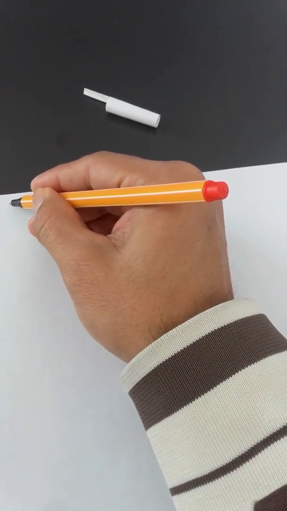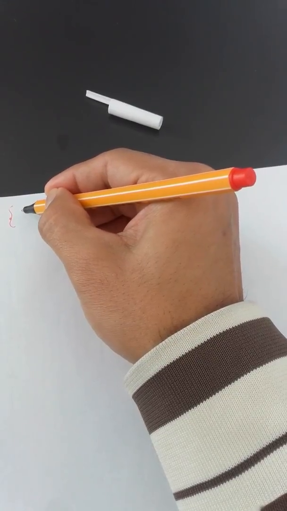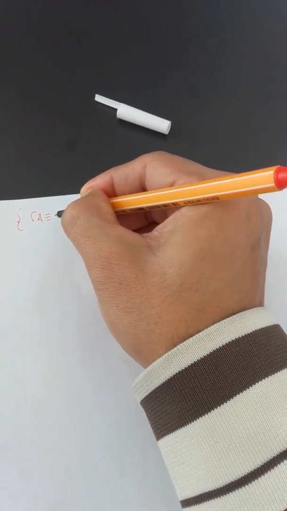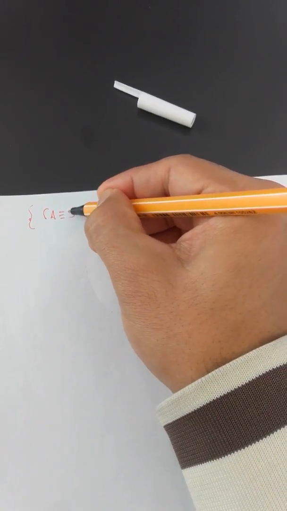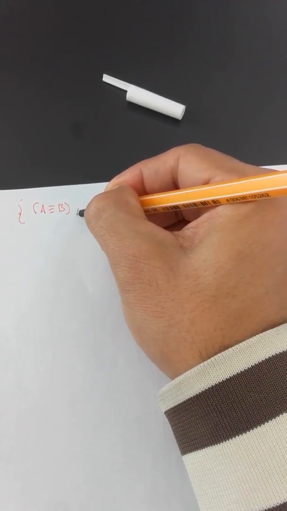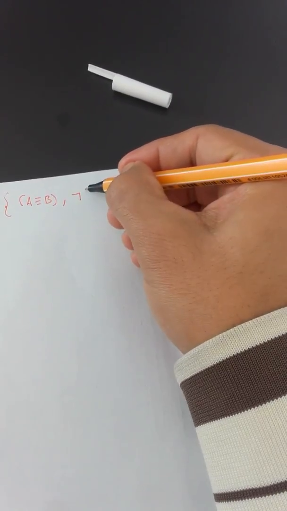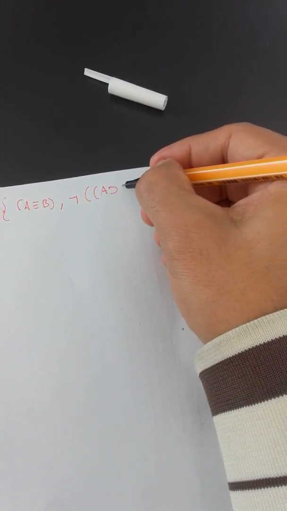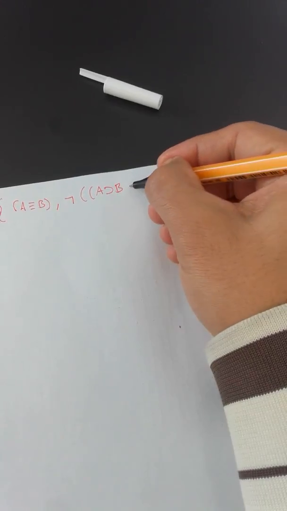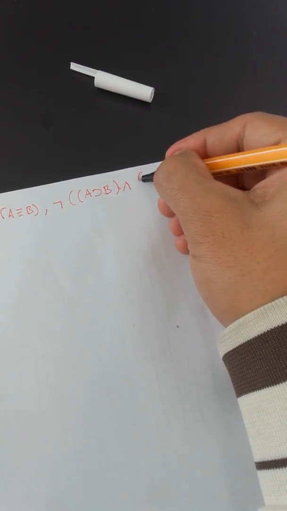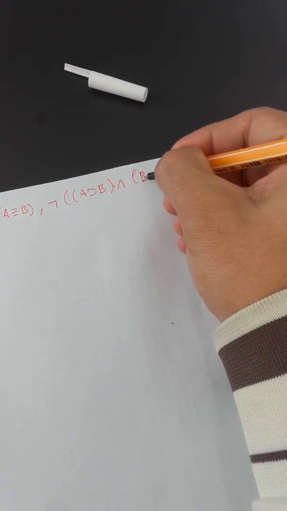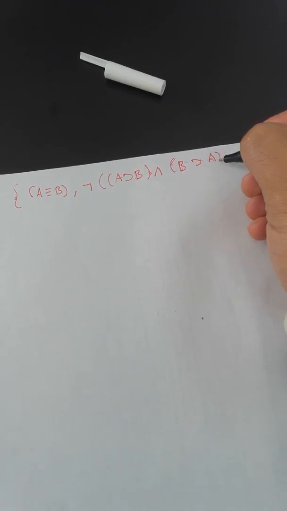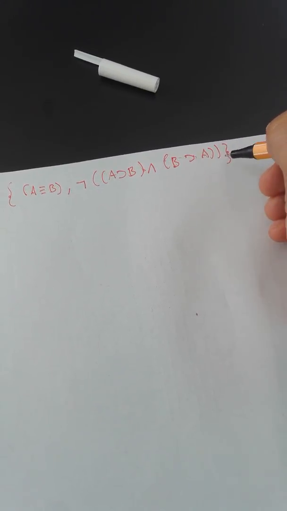So let's have a formulae. In this formulae, we have the formula A equivalence B, and the next formula is the negation of A implication B, and B implication A. We close it and we close the formulae.